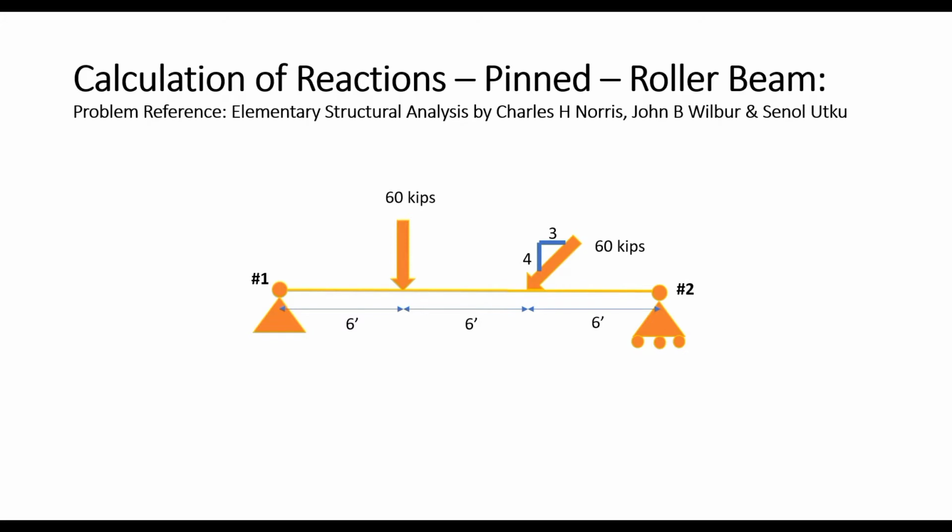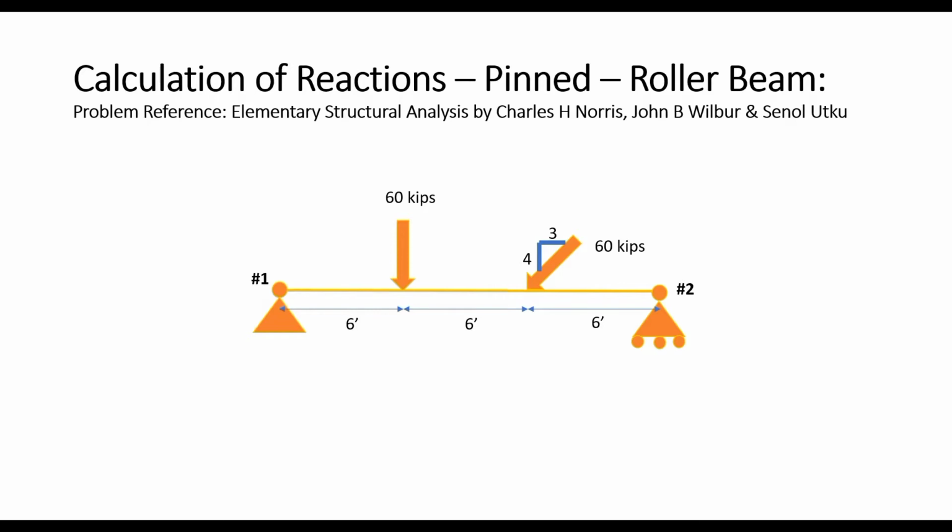The beam spans for 18 feet, and for the loading, a 60 kip load is applied vertically downwards at 6 feet distance from the start node, and then there is an inclined load which has been inclined in a slope of 4/3 at a distance of 6 feet from the end node 2.